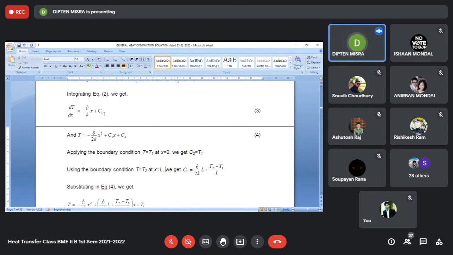Because at x on the left hand side of the wall, x equal to 0, dT dx is a constant that is given by this. So if you multiply this with minus k, what you get is k into (T1 minus T2) by L minus g dot into L by 2, because we have multiplied this with minus k.